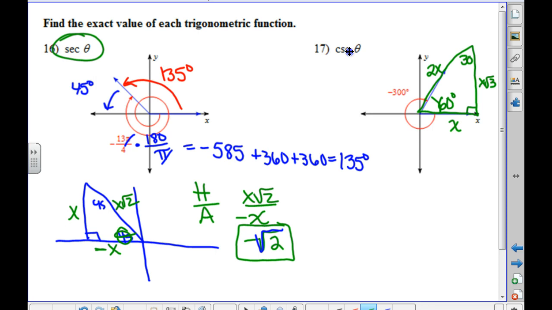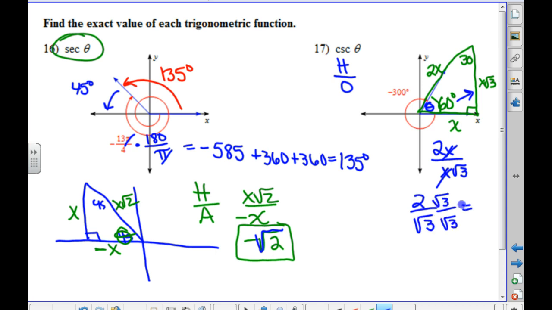Cosecant is a flip of sine, so it's hypotenuse over opposite. From this angle, hypotenuse is 2x, and opposite is x square root of 3. Now the x's cancel. We have 2 over the square root of 3, which, thanks to some evil mathematician, we have to make 2 square root of 3 over 3.